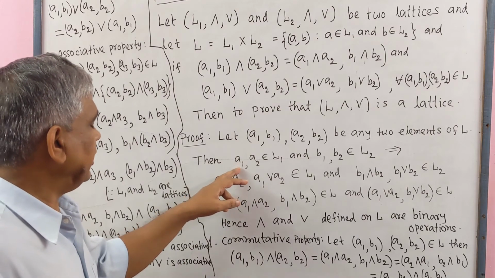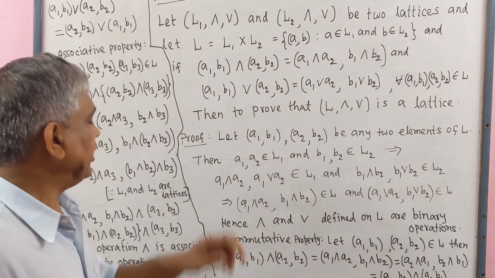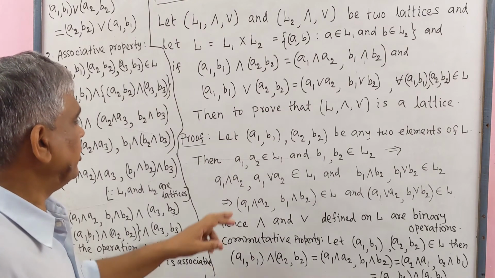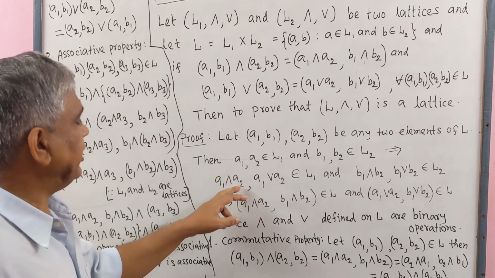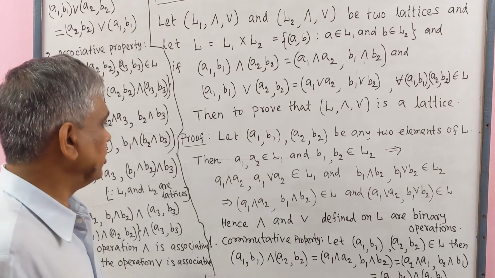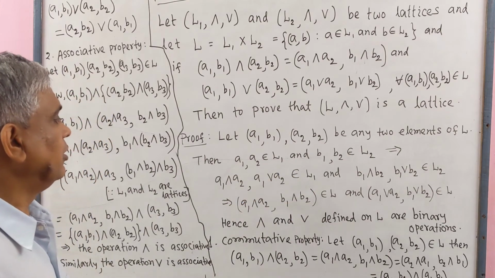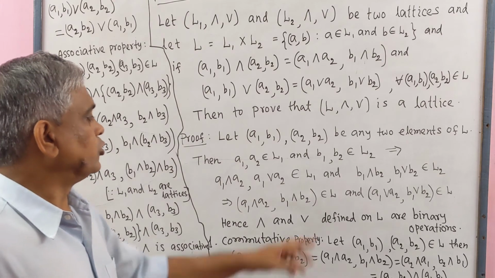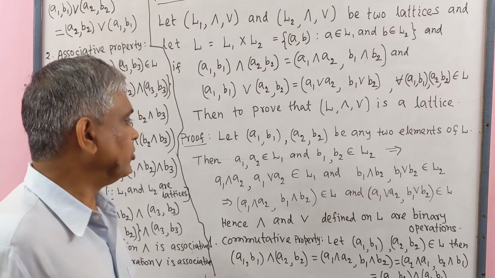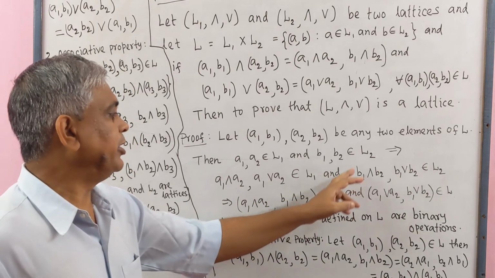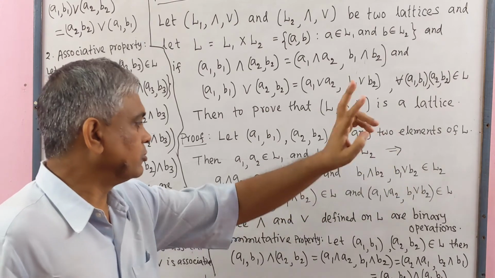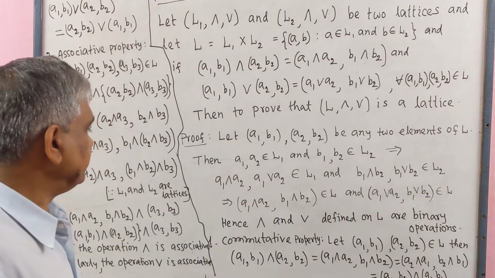Since A1, A2 belong to L1 and L1 is a lattice, therefore A1 meet A2 and A1 join A2 belong to L1. Also B1, B2 belong to L2, therefore B1 meet B2 and B1 join B2 belong to L2.